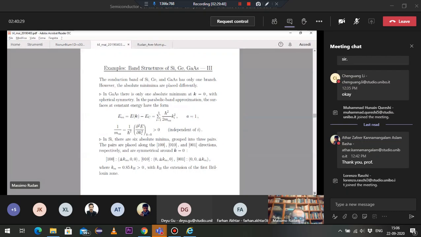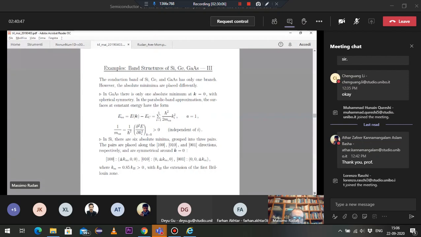Km is 0.85 times Kb, where Kb is the distance between the gamma point and the X point. So it is the extension of the first Brillouin zone on one side of the origin.